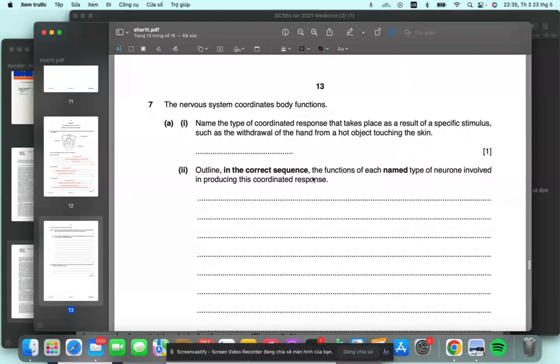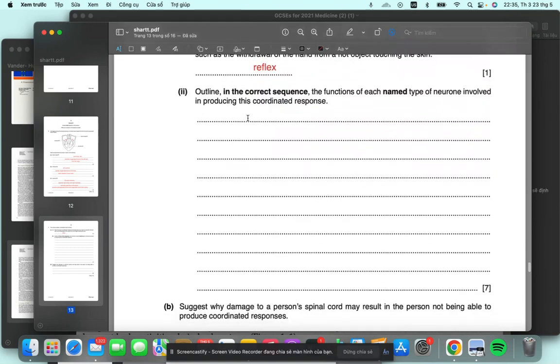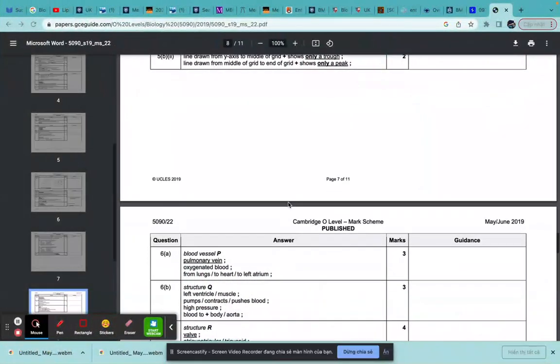Okay, the coordinate response. Negative feedback. Coordinate response. What do you call that one thing? I can't remember the name. Reflex. Is it reflex?